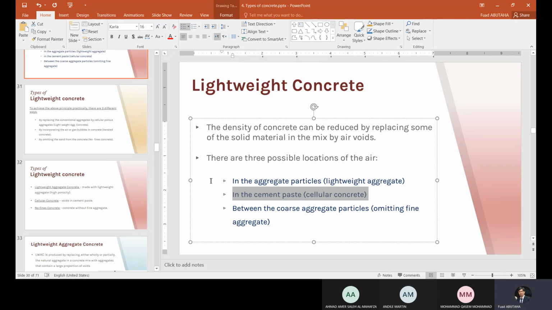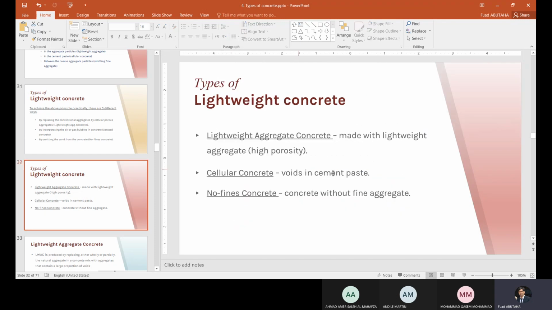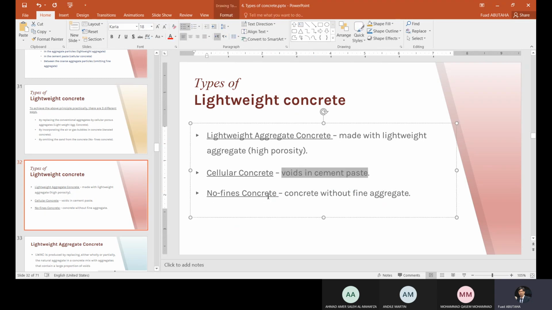But the one that significantly changes the weight of concrete is using lightweight aggregate, because 75% of the total concrete weight comes from the weight of the aggregate. So if we use lightweight aggregate, it will significantly reduce the total concrete weight.